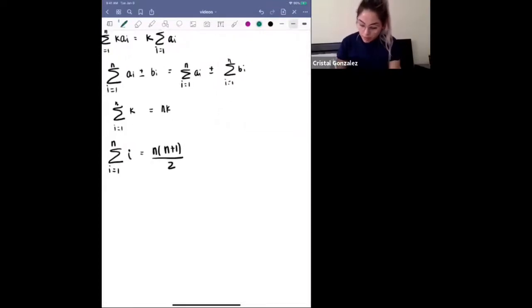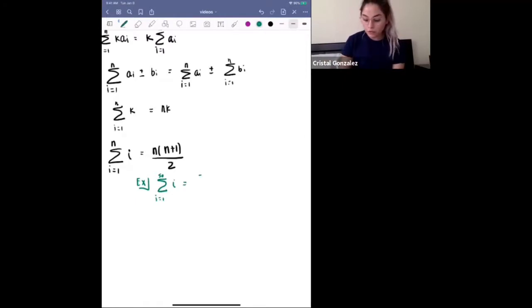If you wanted to add all the integers from i equals 1 to, let's say, 50, you don't want to go 1 plus 2 plus 3 plus 4 plus 5 plus 6 plus 7 all the way to 50. That's going to take you way too long. Instead, you can do the sum from i equals 1 of i, and then using that formula, my upper sum is n, which is 50.